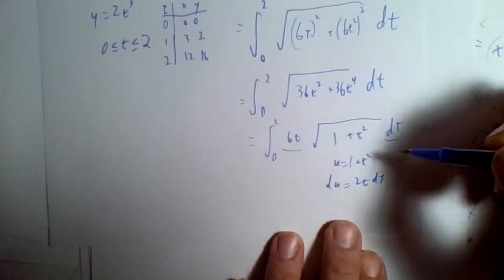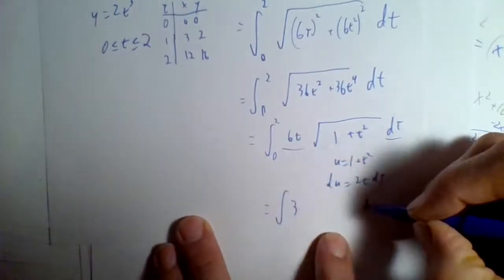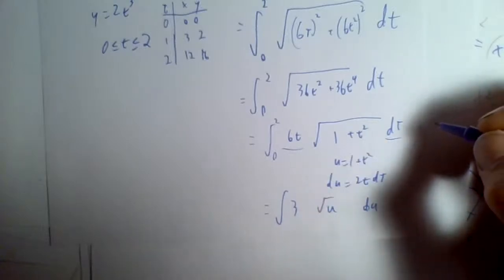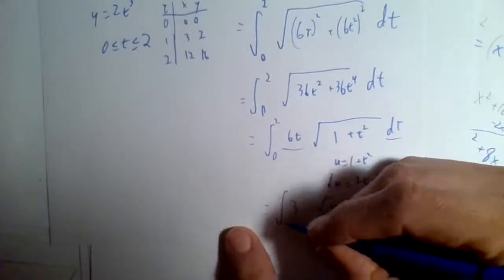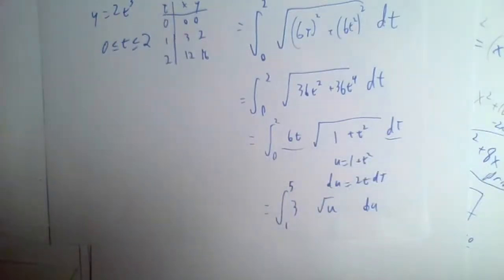That's 3 du then. So I would just have 3 du square root of u, and u is going from 1 to 5. So it's a pretty straightforward integral from there. I'm not going to spend time working that out, but you get the number out of that. It's a definite integral, a positive number for the length of that curve.